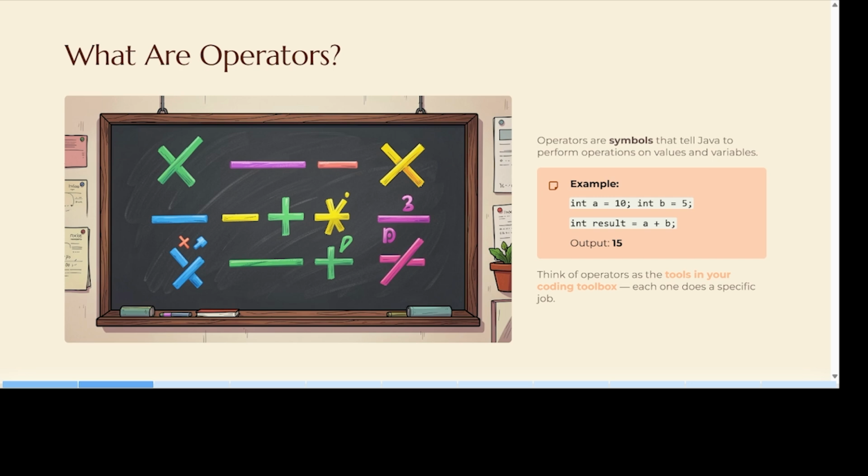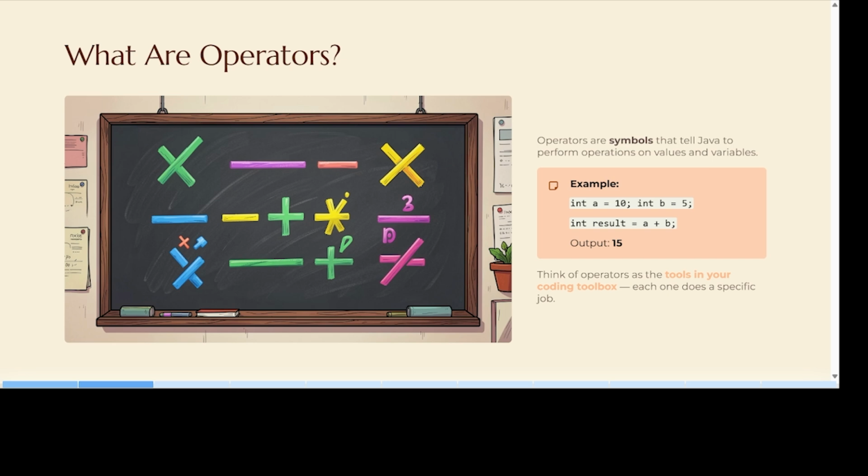It shows int a is equal to 10, b is equal to 5. The data type is declared as integer, the variable name is a, and the value 10 is assigned to the variable a. The value 5 is assigned to b, and then we perform an arithmetic operation using the plus operator.